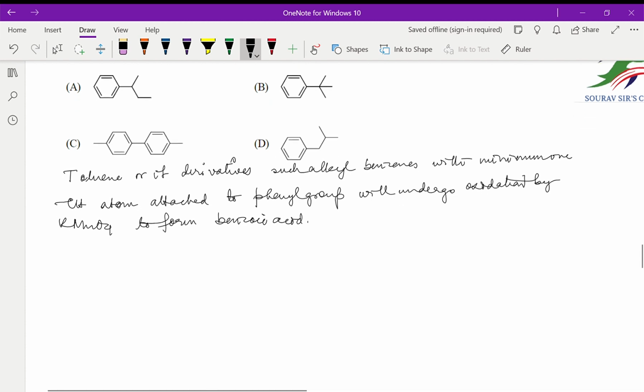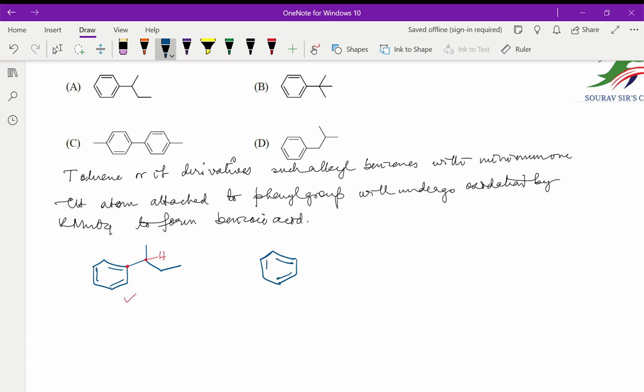Now if you have a close watch at the compounds given to us, see, there is an H here, and this particular carbon is directly attached to the phenyl group. So obviously, this will give benzoic acid on oxidation with KMnO4. For the next one, this carbon is joined to three carbons, so obviously this will not undergo oxidation.